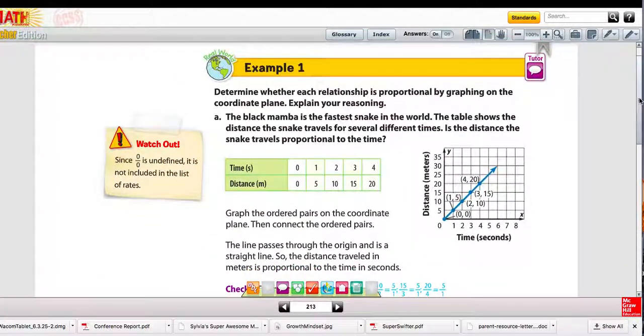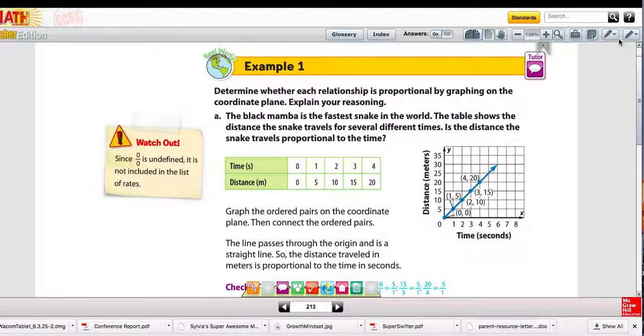In example 1, we're taking a look at a horizontal data table, and again, time is x, that's independent, and distance is our y value. Our distance is going to depend on the time. That's why y is my dependent and x is my independent.